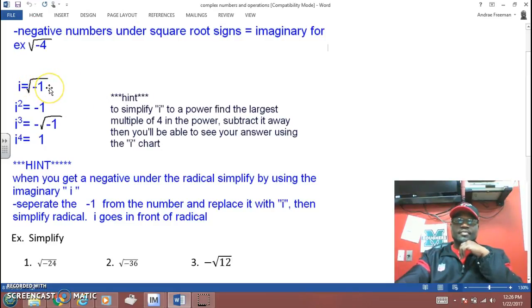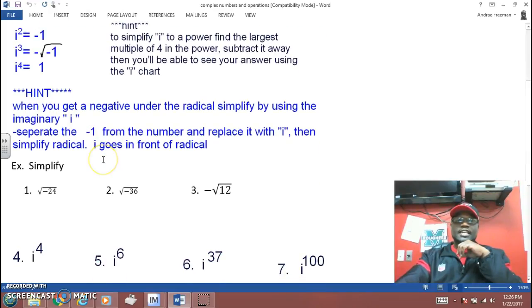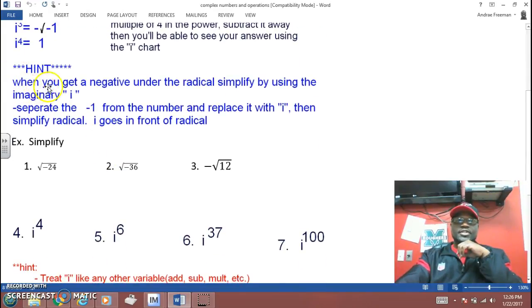All right, so let's talk about how to simplify radicals, square roots, whenever we have a negative number underneath the radical. So we're going to go straight to this hint right here. When you get a negative underneath the radical, simplify by using the imaginary i. Now, how do you do that?